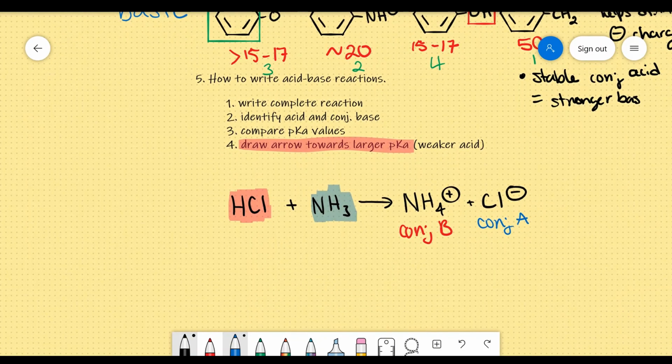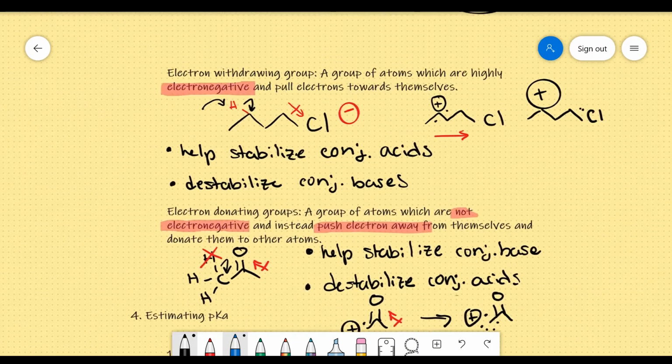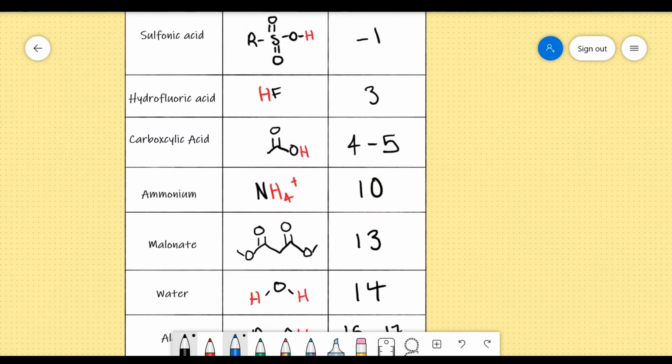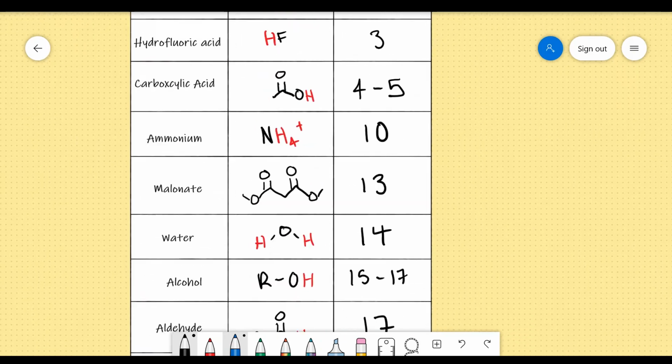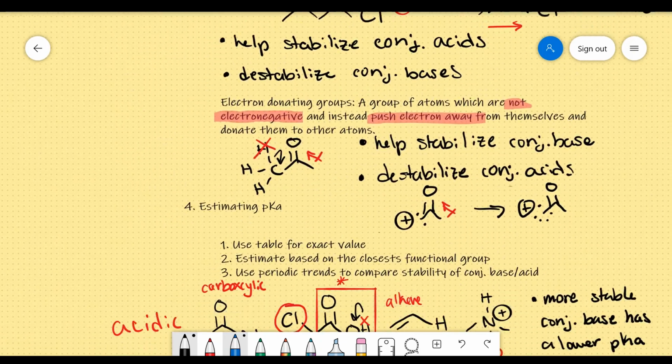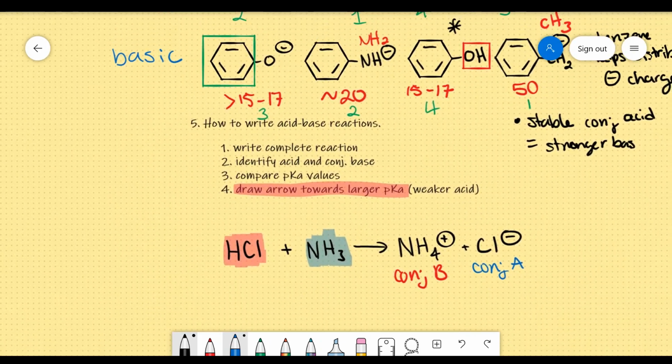So now we need to look at our pKa's. Okay, well, we know what HCl is. We wrote it down on our table. HCl is going to be -6. Okay, now we're going to look at the pKa for our conjugate base, NH4, which we know is 10, right? So where is the larger pKa? It's this buddy right here, right?